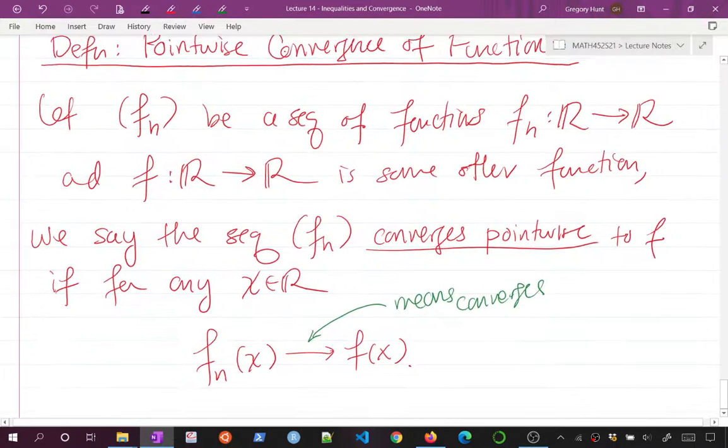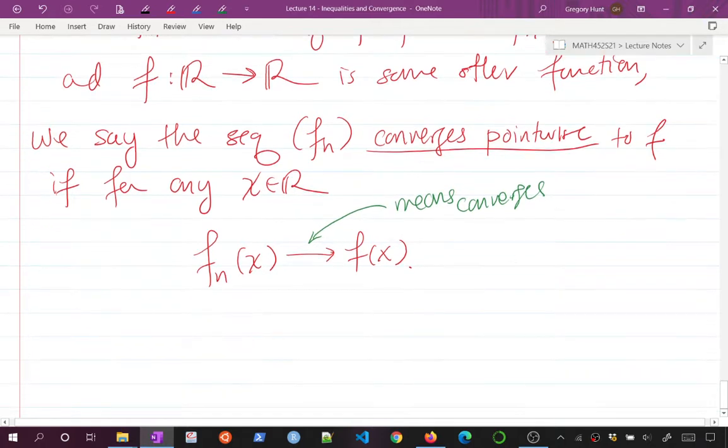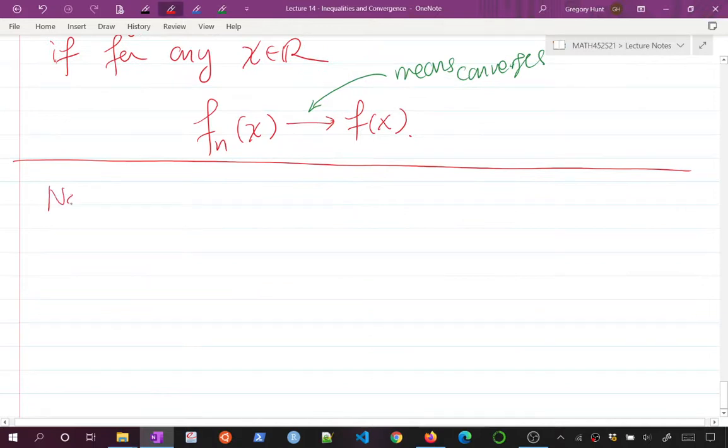So pointwise convergence of functions is basically if I take one x at a time and I look at f1 of x, f2 of x, f3 of x, f4 of x, and I increase my little index for n. If that sequence of real numbers converges to f of x for any possible x I choose, that's called pointwise convergence. Let me draw it out. Notice that if I fix my little x, that thing's just a number.